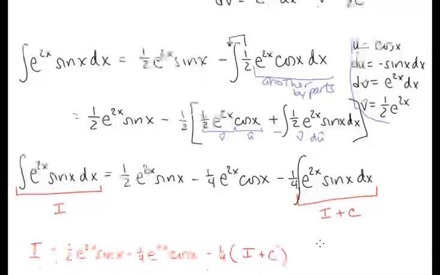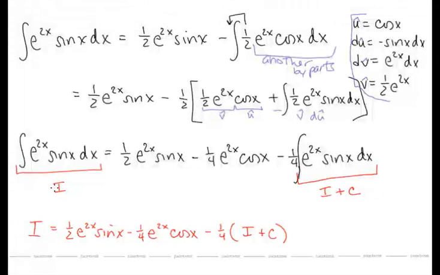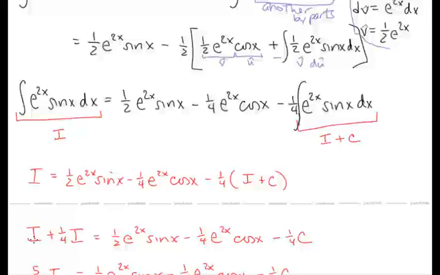And so what we have here is I is equal to 1/2 e to the 2x sine x minus 1/4 e to the 2x cosine x minus 1/4 of I plus c. Now, what are we trying to solve for here? We're trying to solve for I. So let's distribute and collect our I's on the left-hand side.